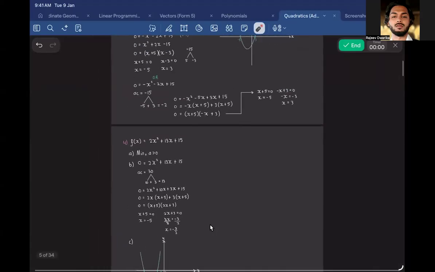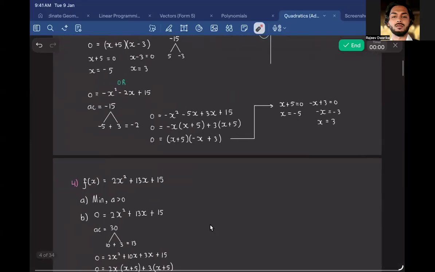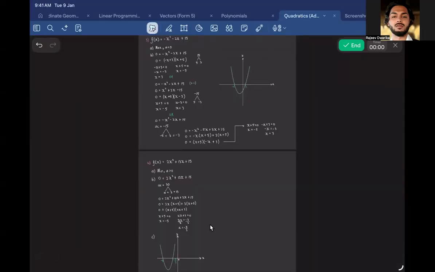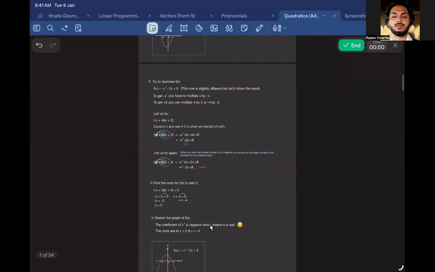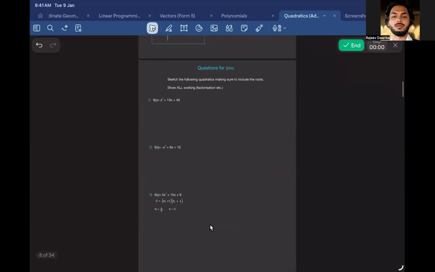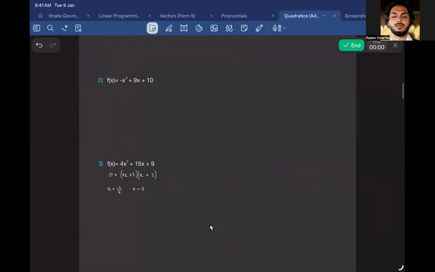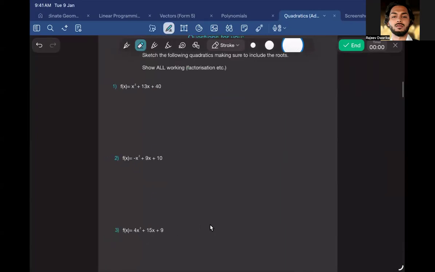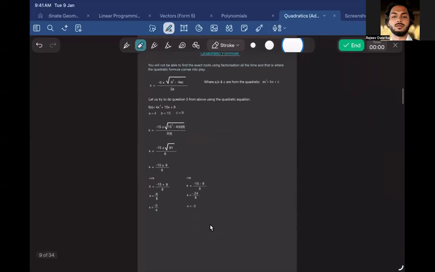So that's it for class today. How are we feeling with quadratics so far? Tell me, guys, how are we feeling? Good. Feeling good? That's great. For homework, you all could factorize 1, 2, and 3 and do the sketch.